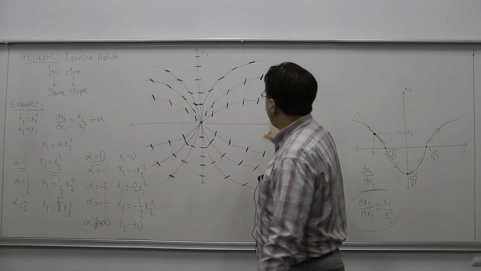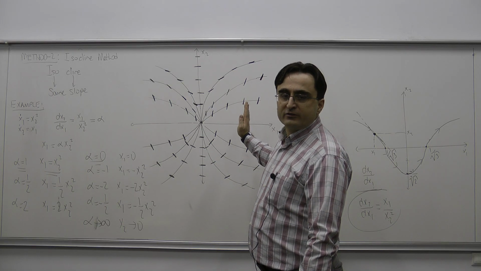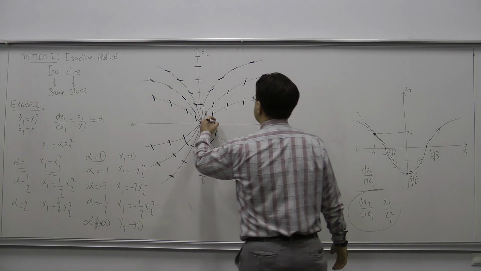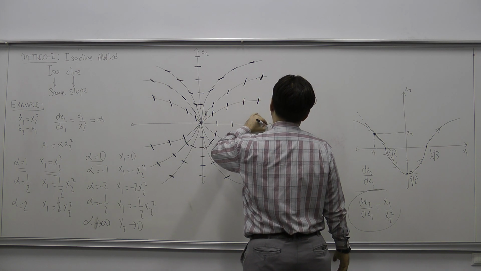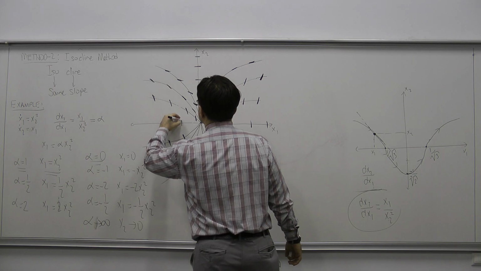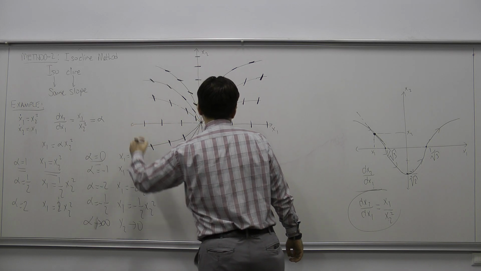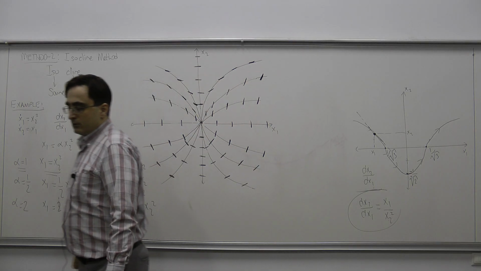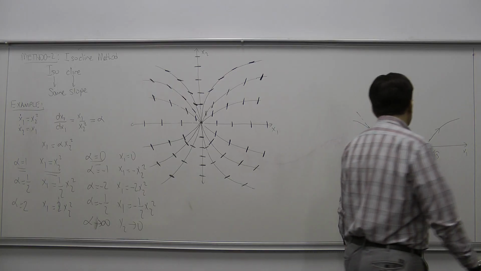So on the x1 axis, the trajectories would be locally vertical. Okay? So I would take vertical trajectories here. Infinite slope. So now we are almost complete here.